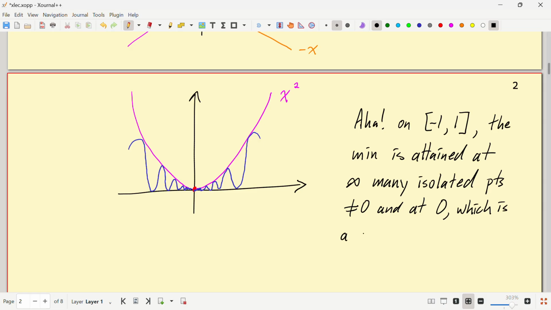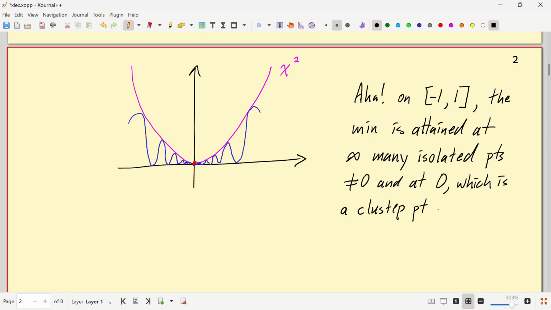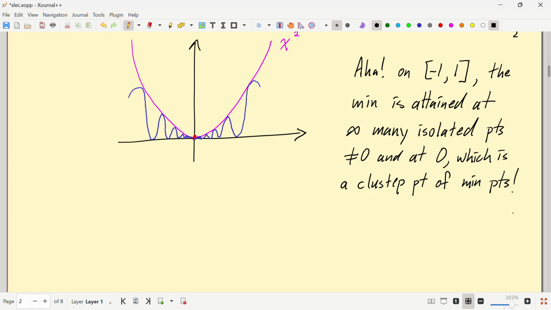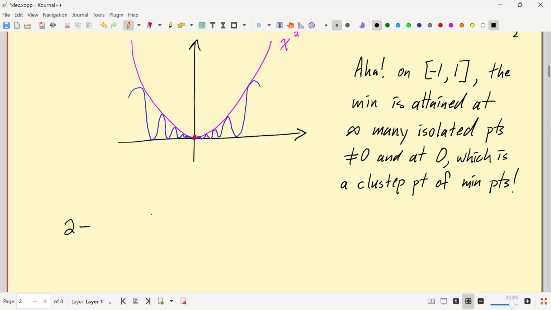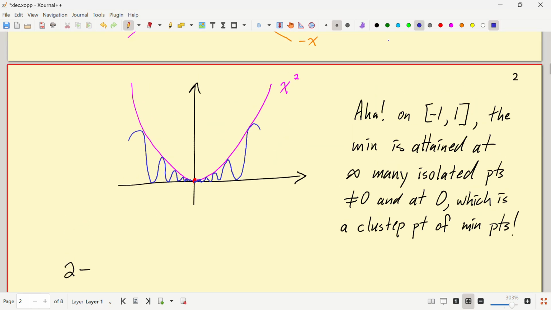It is a cluster point of the set where, so it can be pretty wild and crazy. That's why it's amazing that this theorem is so straightforward. And of course, if I wanted to make maxes, I would take 1 minus that, or maybe 2 minus that. Did I say that was h of t squared? Yeah, this blue thing is h of t squared.